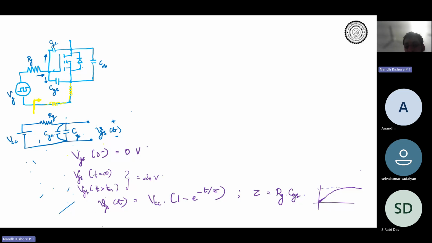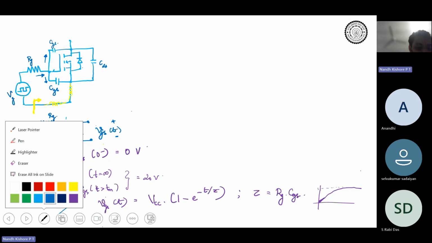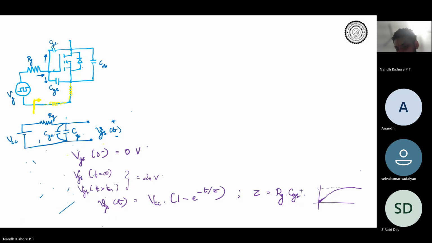Your tau is basically RG into CGS plus CGD, or RG into CISS. This is your exact value. But since the value of CGD is very small, people generally do not consider it. People directly write RG into CGS, which is absolutely fine.